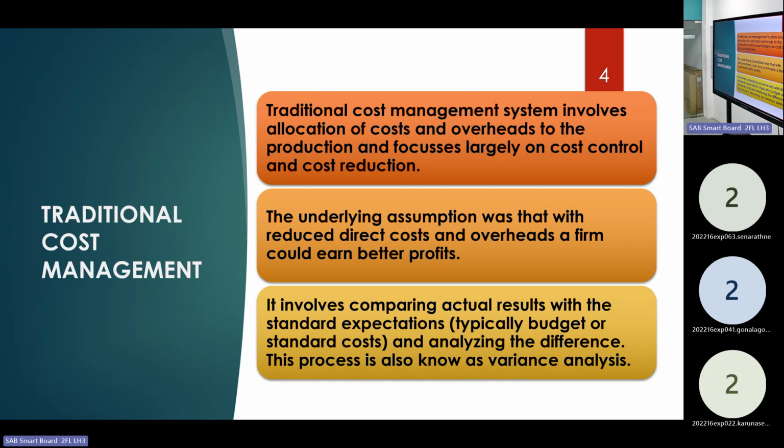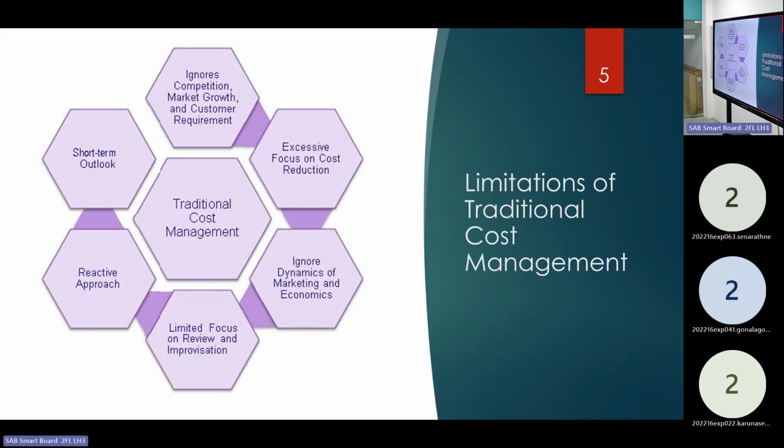Then we will discuss budgeting and variance analysis, budgetary control, variance analysis, and standard costing. Those topics cover this traditional cost management aspect. There are some limitations in the traditional cost management.